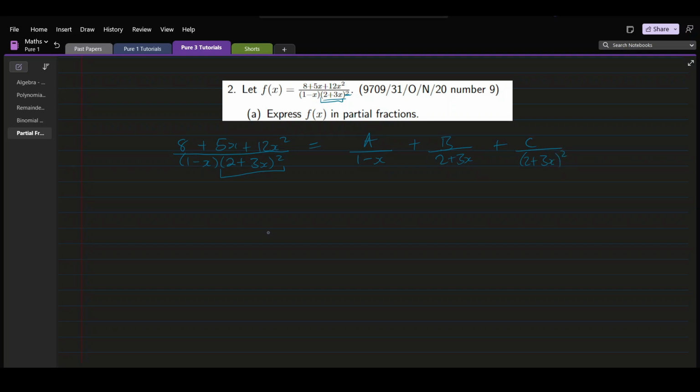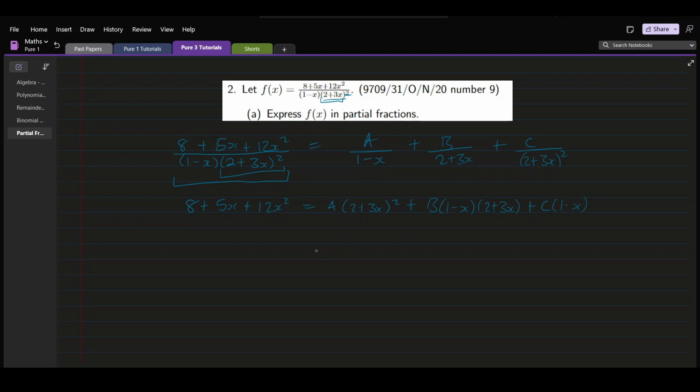And again, we need to get rid of the denominators, so we're going to multiply through by this denominator here, and that becomes 8 plus 5x plus 12x squared is equal to, that's a times 2 plus 3x squared plus b times 1 minus x times 2 plus 3x plus c times 1 minus x.